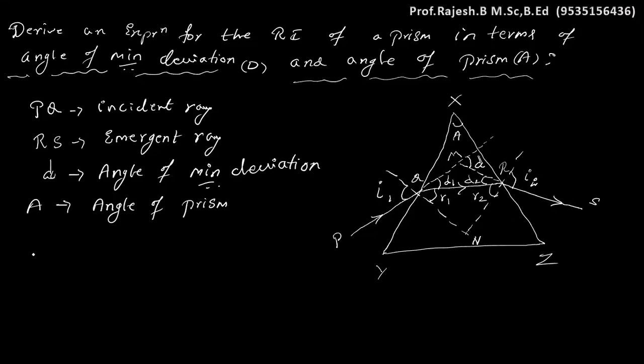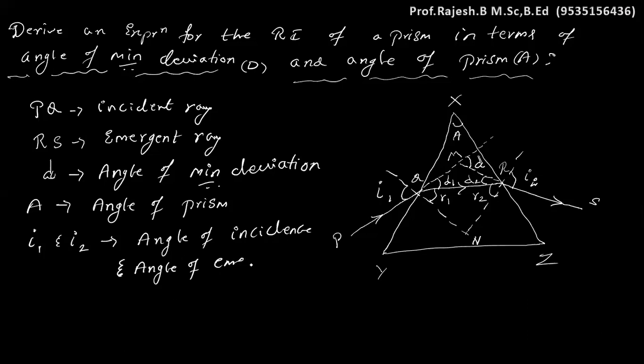Got it? So XYZ is the principal section, R1 and R2 are the refracting angles, I1 and I2 are the angles of incidence. You can write that I1 and I2, angle of incidence, and angle of emergence also, respectively. Got it?